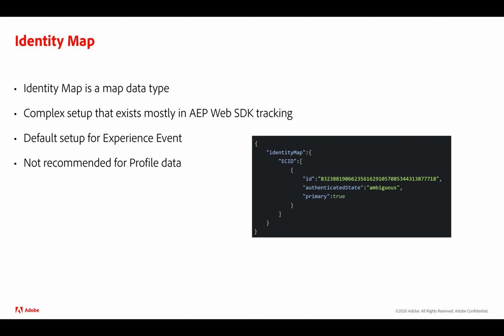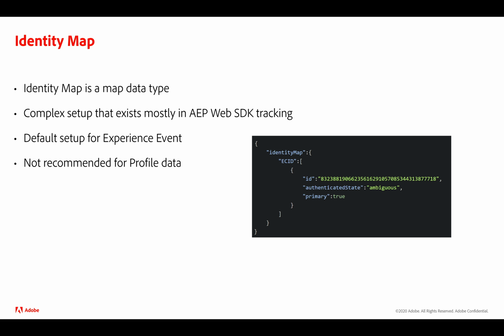So if you have a user coming with your ECID who also has a CRM ID, when you have ECID primary true, all of the records are going to be attached to this ECID value. If you have CRM ID as primary true, then the record will be attached to the CRM ID value.